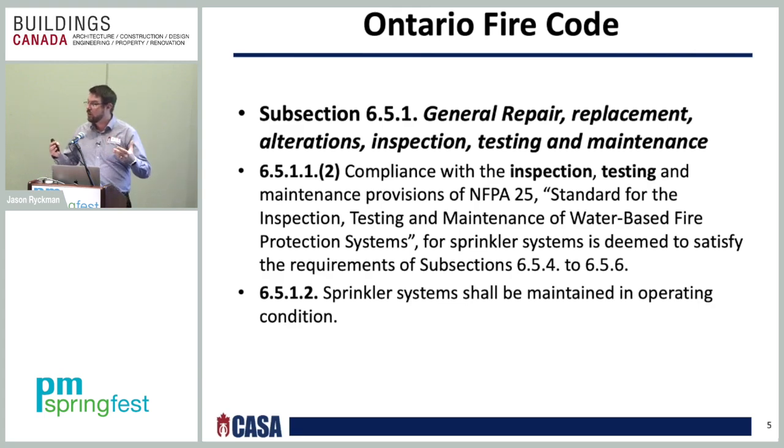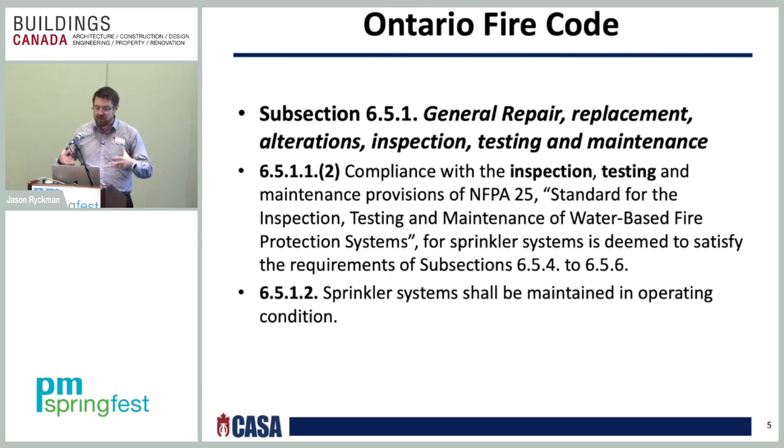So the Ontario Fire Code gives you an option of either using the fire code throughout or using the NFPA 25 document for sections 6.5.4 to 6.5.6 only. The rest of those sections in the fire code still have to be used.